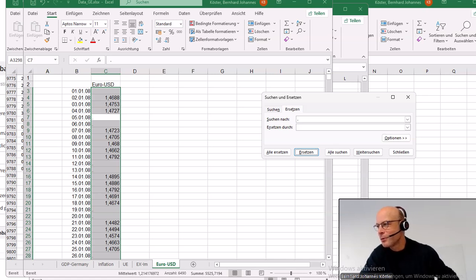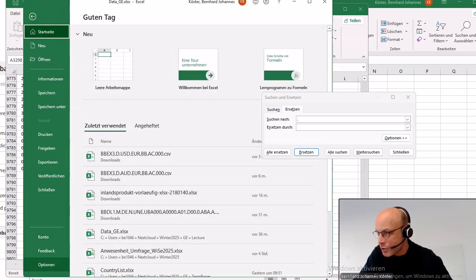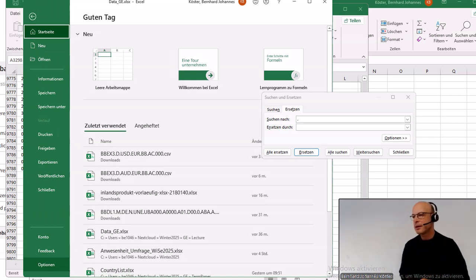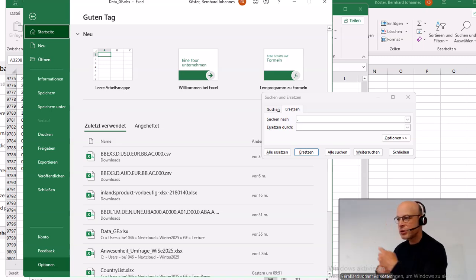If you use the German version of Excel and you download the data with dots, then it will be interpreted as a date. There you have the possibility in options to change this. Or what you can also do is change the data before you feed it into Excel, changing all the dots into commas.